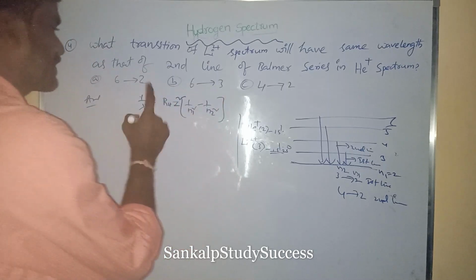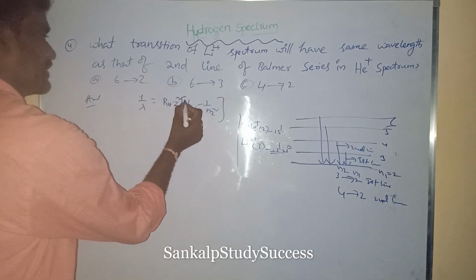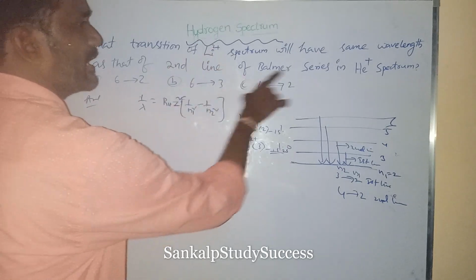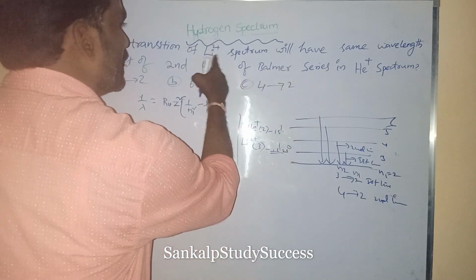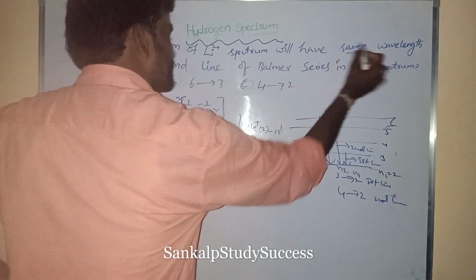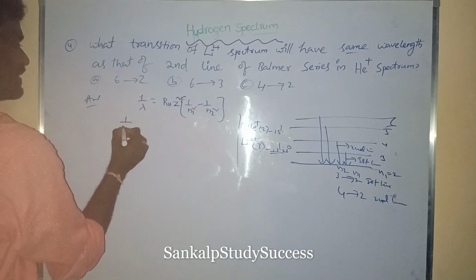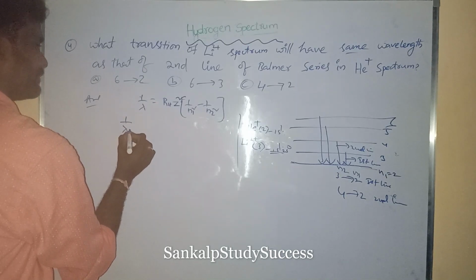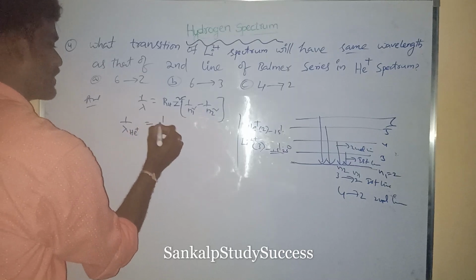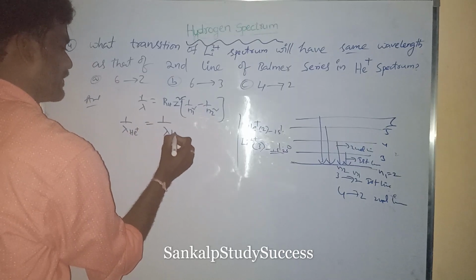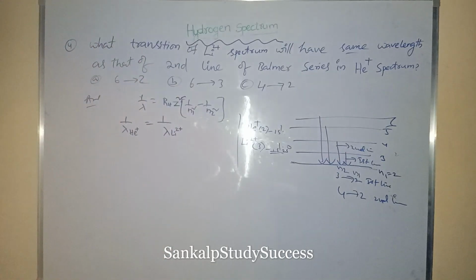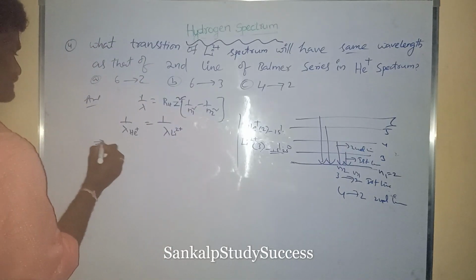Now, the wavelength of Li2+ and He+ is the same, so that means they are equal. So 1 by lambda of He+ is equal to 1 by lambda of Li2+.